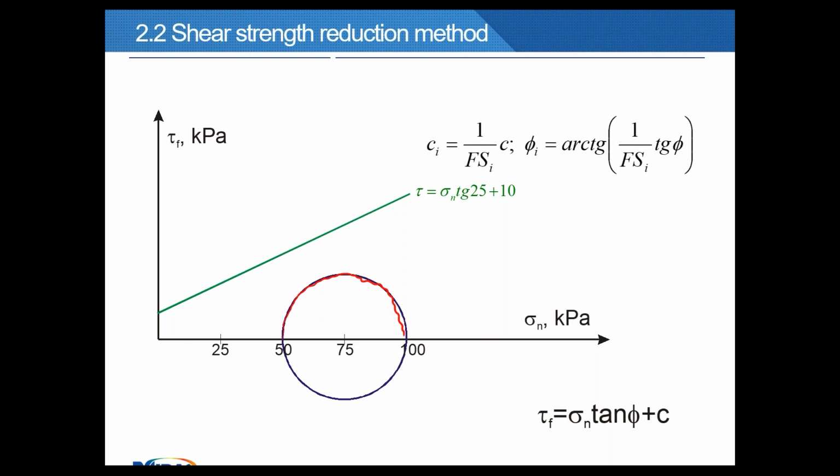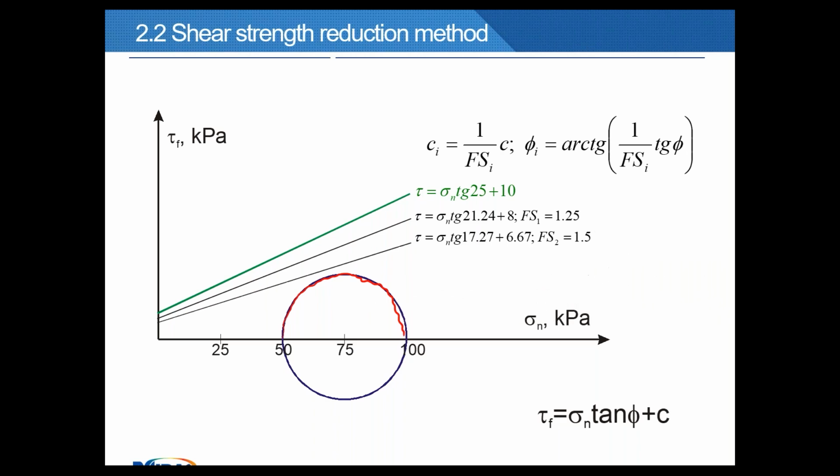Then we divide the strength parameters by a factor of safety. So we divide cohesion and tangent of friction angle. If we divide by 1.25, everything is still okay. The model is stable. The same as we divide by 1.5. There is also no problem with stability.